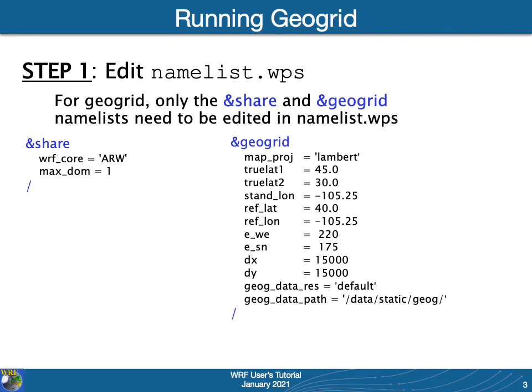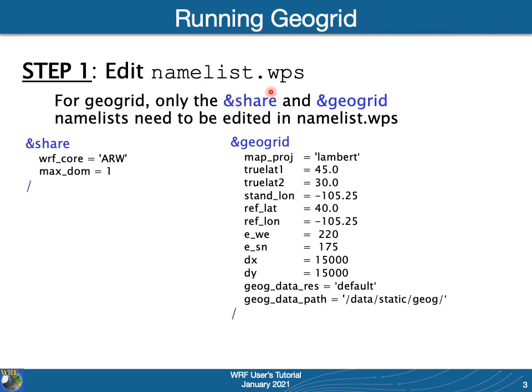So starting in with the GeoGrid program, the first thing that we need to do when we set out to define our model domains using GeoGrid is to edit a file called namelist.wps. This namelist.wps file is a Fortran namelist file, and it's a simple text file that you can open and edit with your favorite text editor.